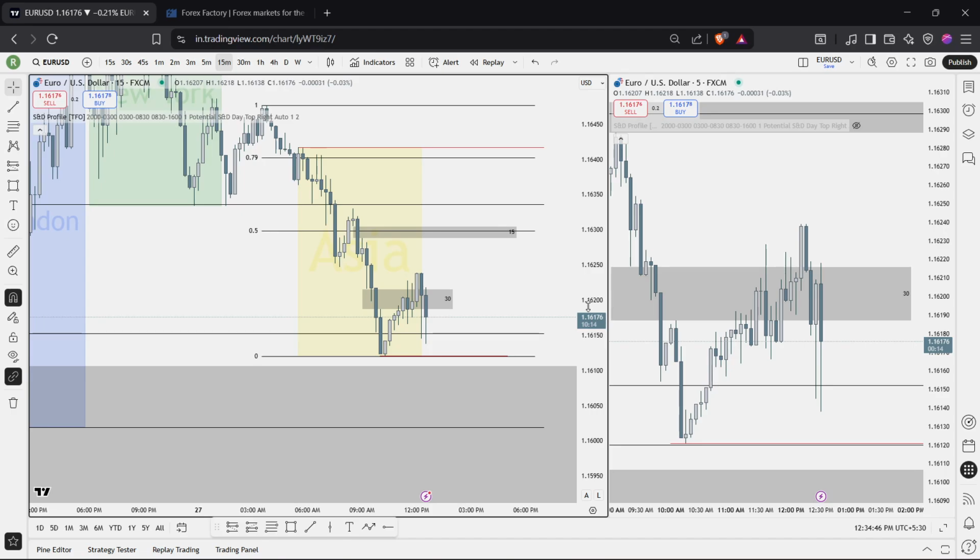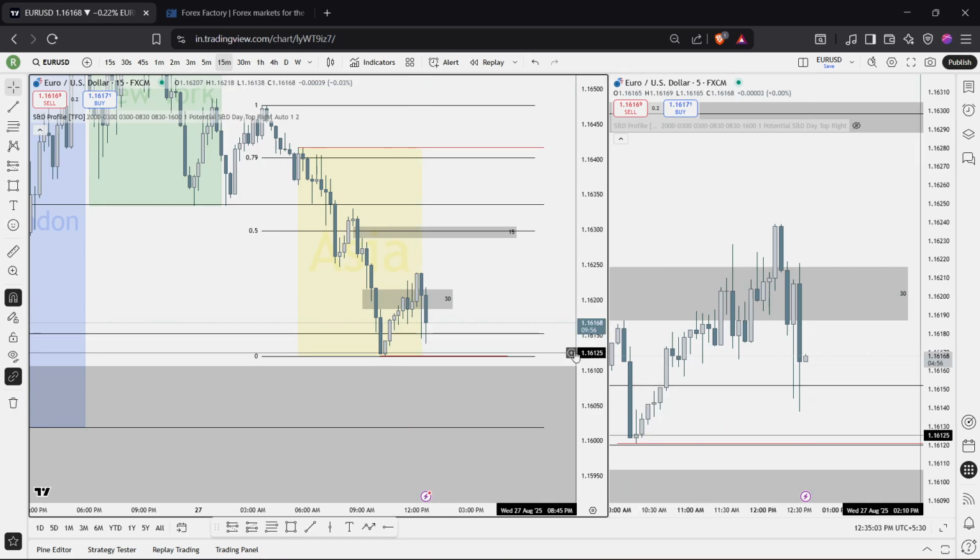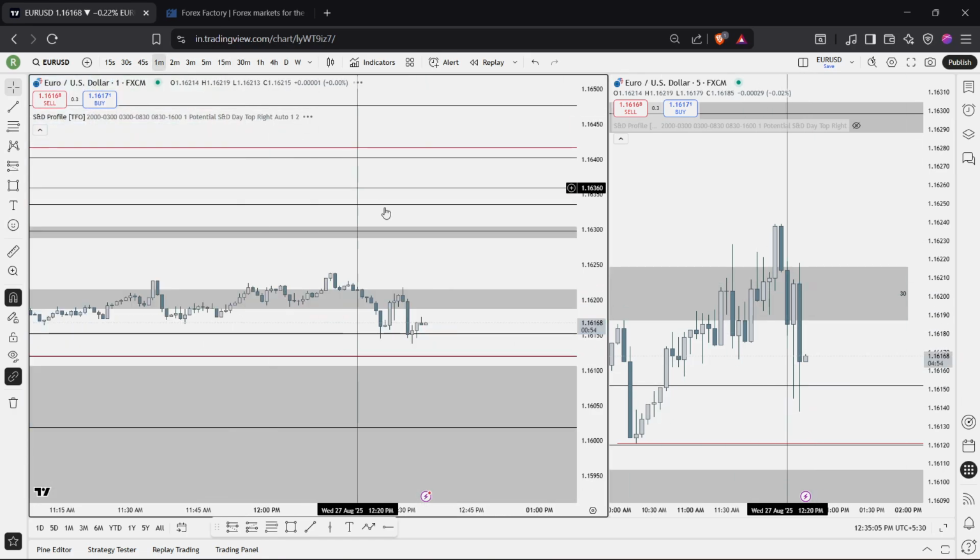And if I enter and the market directly stops me out, then that's fine with me. That's all I'd like to say. Nothing else. Let's see what happens.